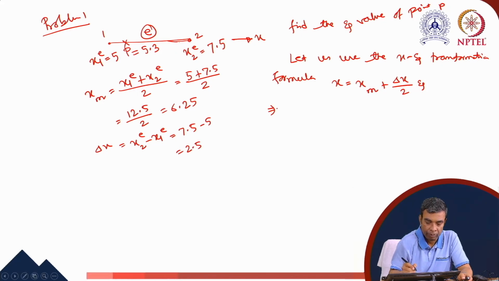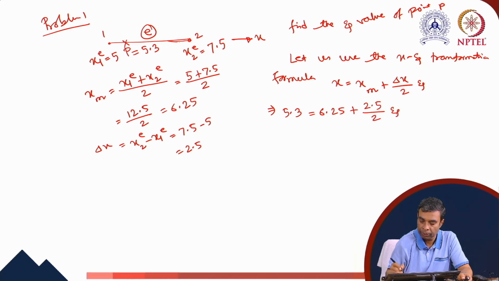So for point P, our x coordinate is already given as 5.3, xm equals 6.25, and delta x by 2 is 2.5 by 2, into xi.